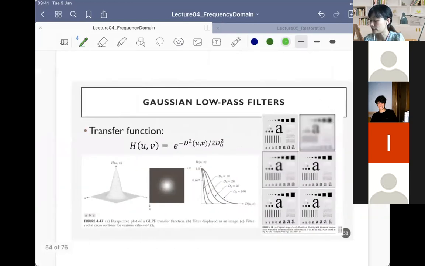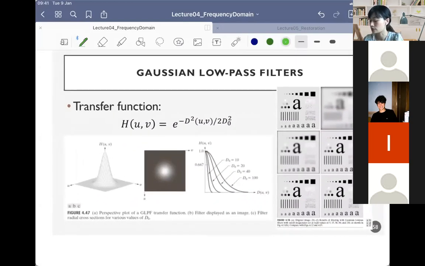Okay, the last one is Gaussian. Gaussian is very similar to Butterworth because the shape changes gradually from 1 to 0. And this one is how the Gaussian looks. You know the Gaussian distribution is a bell, right?